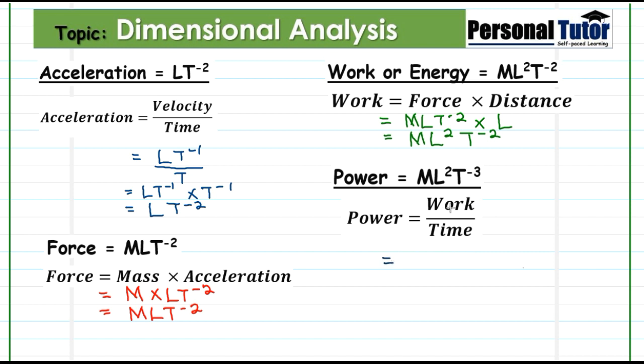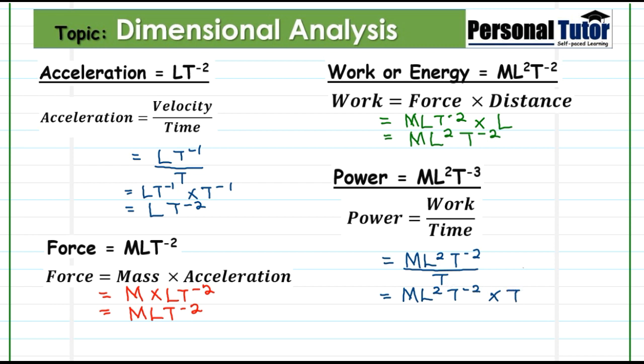But work done has been expressed as ML exponent 2 T exponent negative 2, so we will only quote that, all divided by time, which has a dimensional unit as T. This is in the fractional form; written in the linear form, T will have to go up, so that will be ML exponent 2 T exponent negative 2 times T, which carries a positive number.